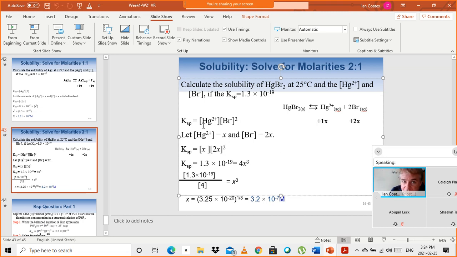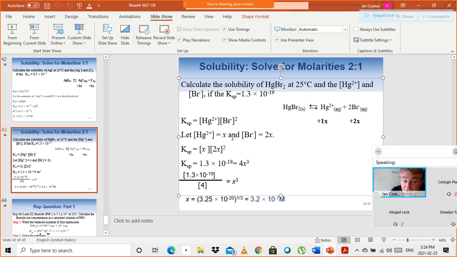And then when you make your KSP formula here, don't forget about that square. If there's a 2 out front here and you're dealing with KSP, it's going to affect you twice. You've got to put in a 2X, and then you're going to have to square it.